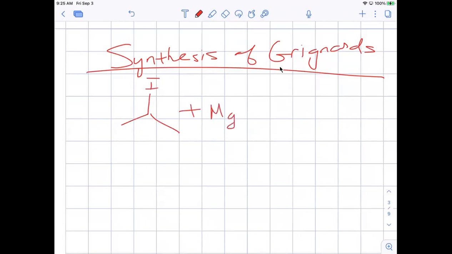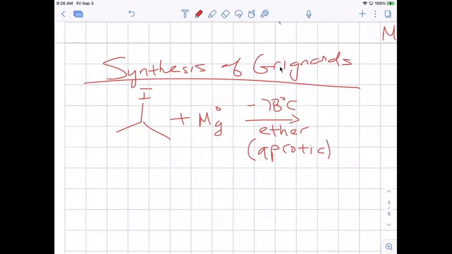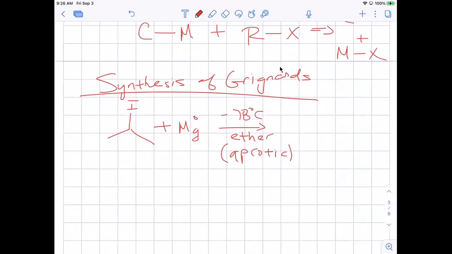You need magnesium metal, and you're going to do this at low temperature, so minus 78 degrees Celsius, and you do it in an aprotic solvent again, ether, right? Again, you don't want any protons around your organometallic, because it's just going to do proton transfer and quench, and it's not going to be useful.